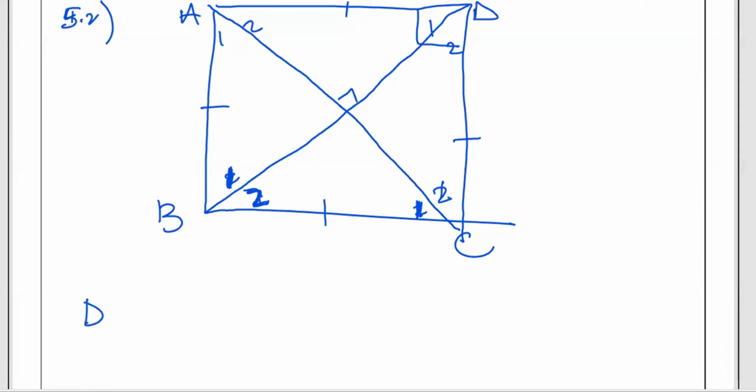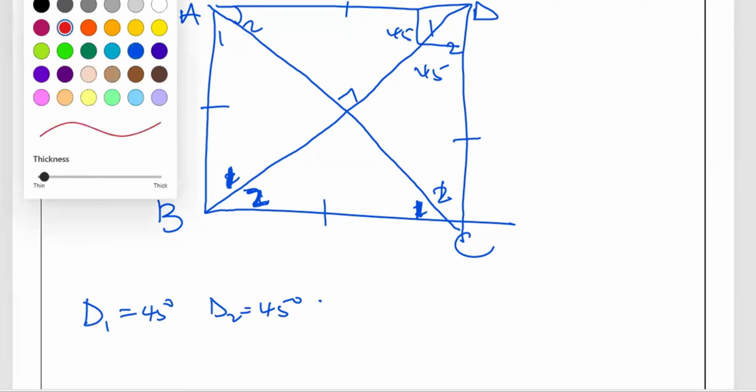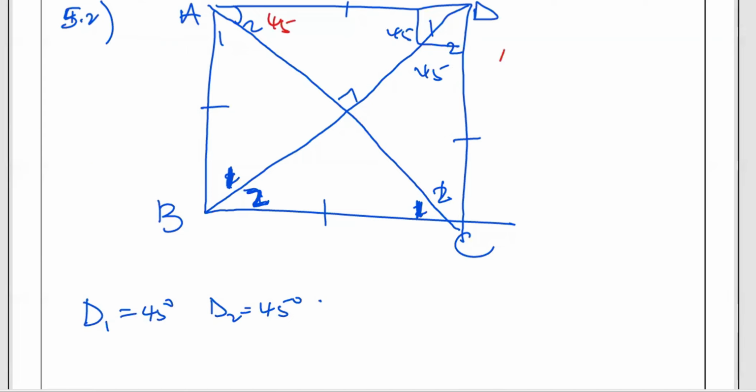So start by telling us that D1 is going to be a 45, and then D2 is also going to be a 45. So if that is true, go ahead and tell us that that angle is also a 45. So A2 is 45. That's because those are angles that are opposite equal sides.